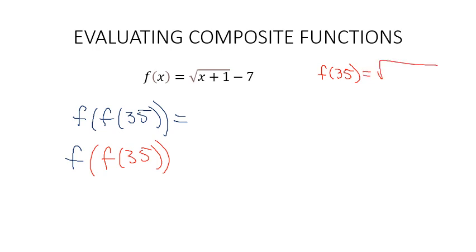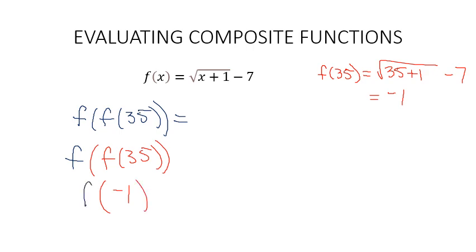f of 35 is the square root of 35 plus 1, all minus 7. 35 plus 1 is 36. The square root of 36 is 6. 6 minus 7 is negative 1. So f of 35 is equal to negative 1.